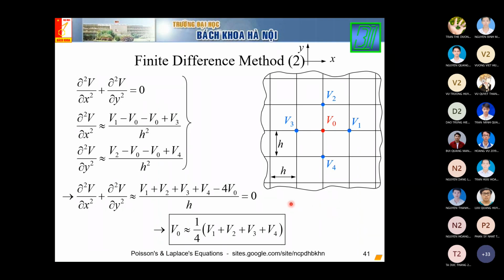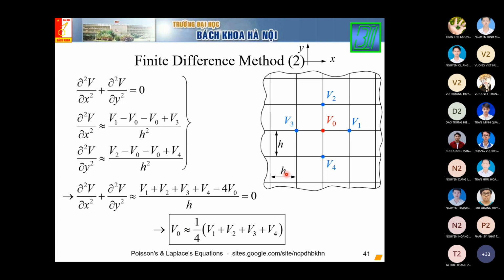Now I will try to give some comments for this equation. Firstly, you can see that this one is just an approximation. This approximation will be more and more accurate if h here is smaller and smaller.